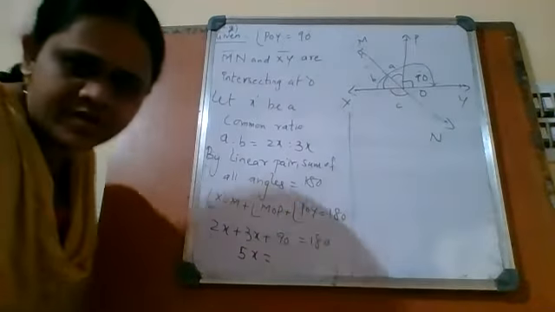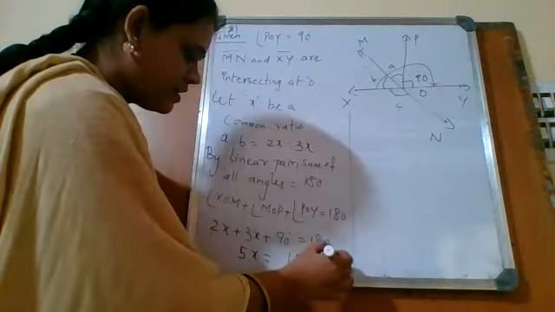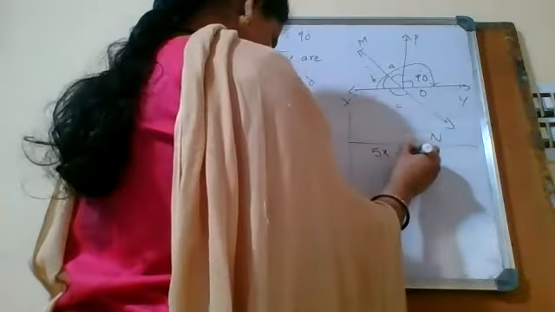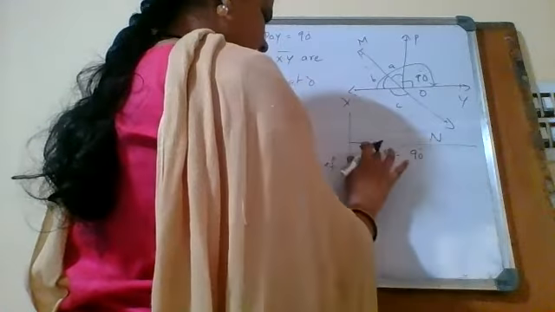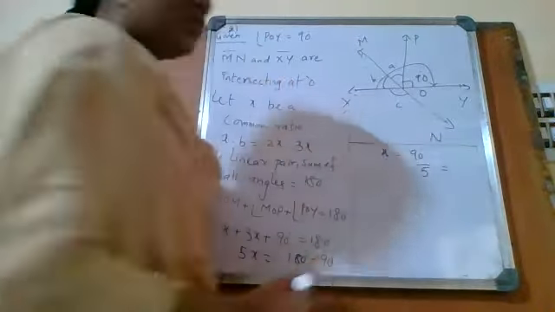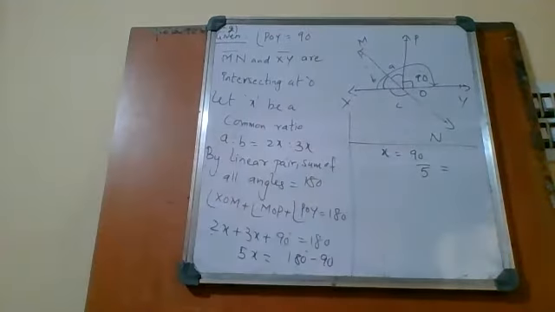Yes, very good. Nidhishri: 180 minus 90. That is 5x is equal to 90. Divide by 5. x is equal to 90 by 5. 90 divided by 5 is how much?